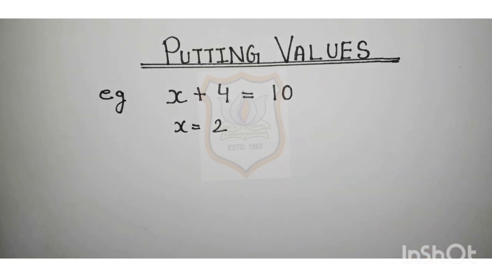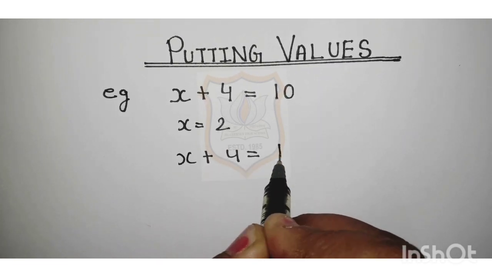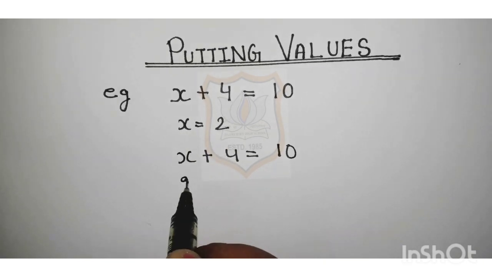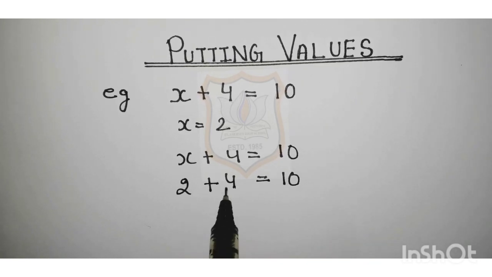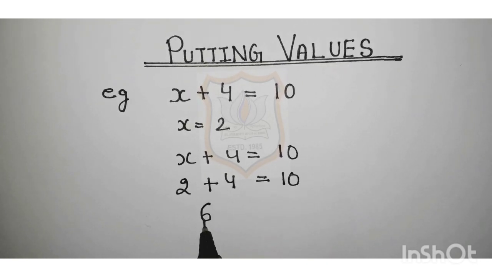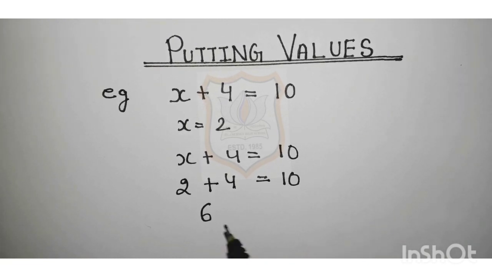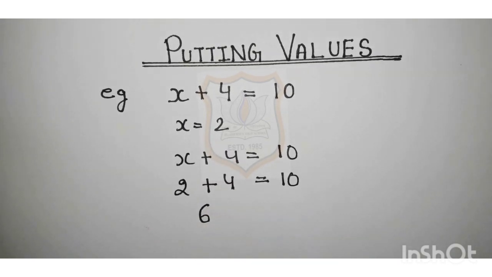In place of X I will put 2. So 2 plus 4 is equal to 6. That is not equal to 10. This means value of X is equal to 2 is wrong.